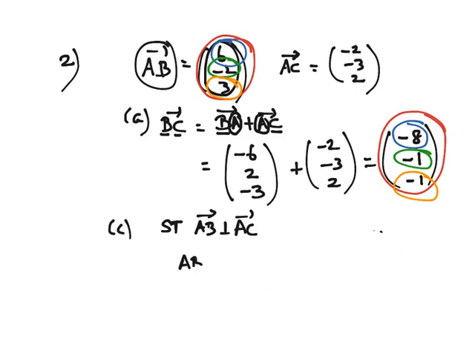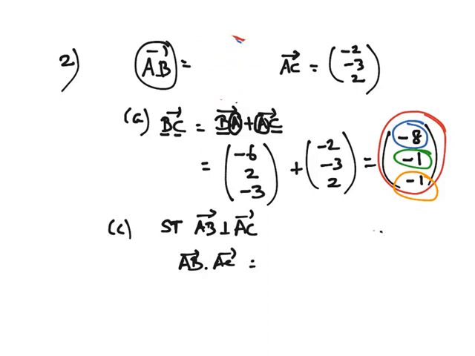So AB dot AC equal to, let me write AB again, 6, minus 2, 3. So I'll find the dot product of AB and AC. Fine.